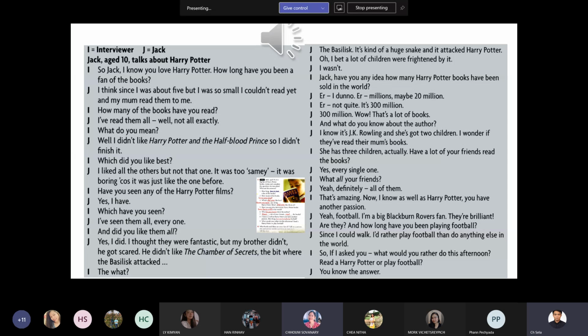He doesn't like the bit where the basilisk attacks. What? The basilisk, it's a kind of giant snake and it attacks Harry Potter. Oh, I bet a lot of them were frightened by it.